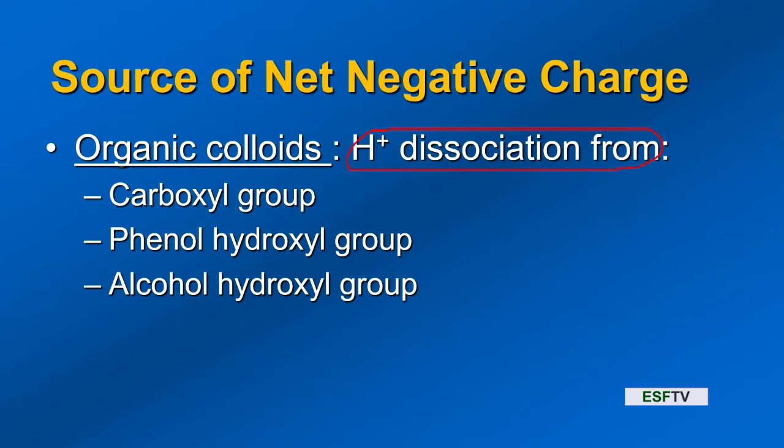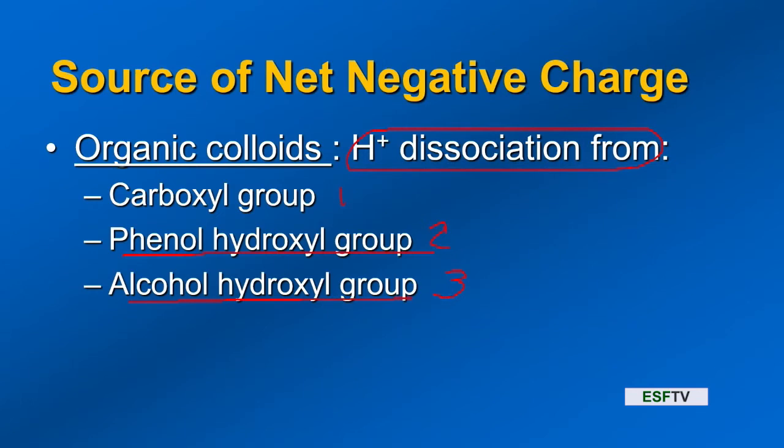But there are three groups that dissociate hydrogen in these organic colloids. The first one's carboxyl. I'll illustrate each one. First I'll name them. The second, phenol hydroxy, and the third, the alcohol hydroxyl group. Okay, so these three groups, 1, 2, 3, I feel like I'm doing Sesame Street.